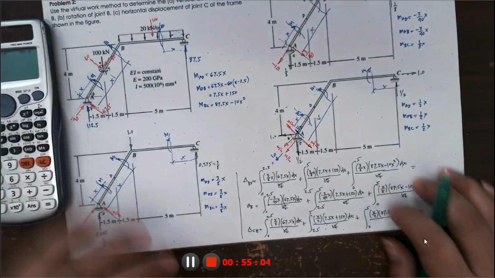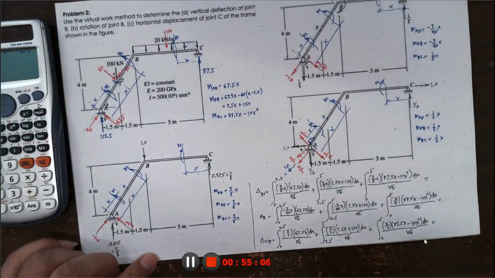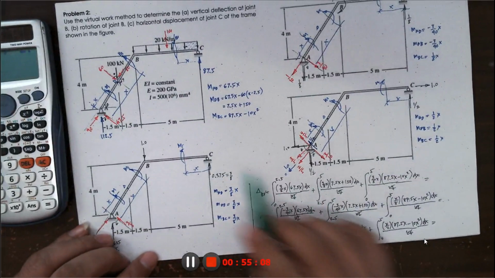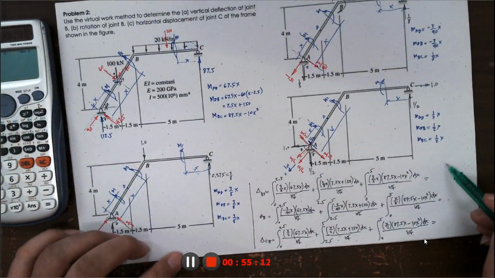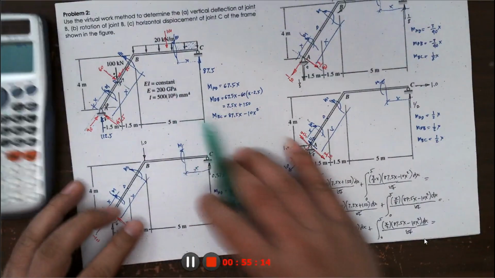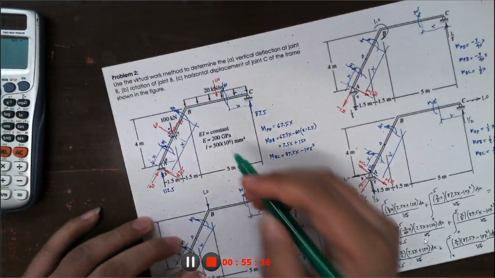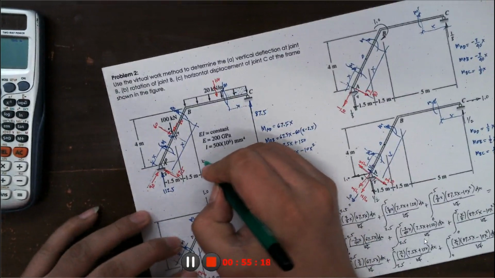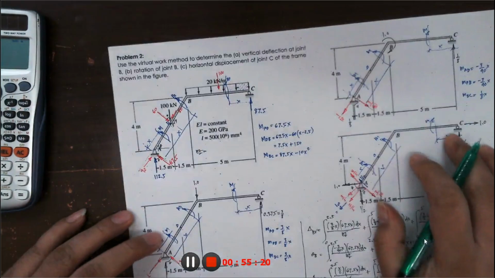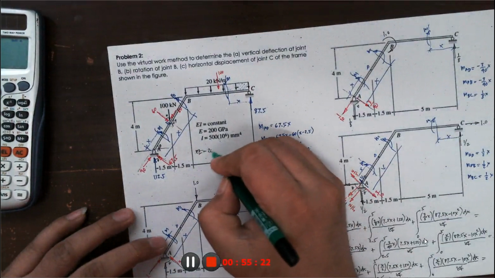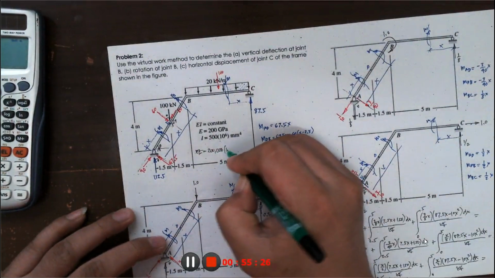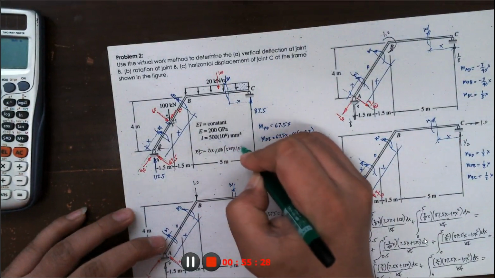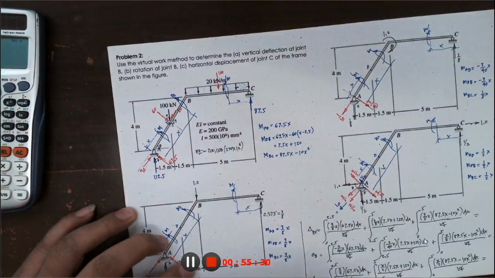So, ang unit ani is kilonewton meter cube. Ha? Kilonewton meter cube niya i-divide na to ang atong EI. EI na to will be 200,000 times 500 times 10 raised to 6.